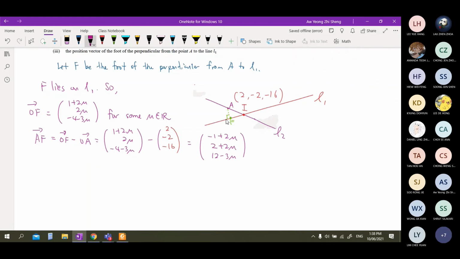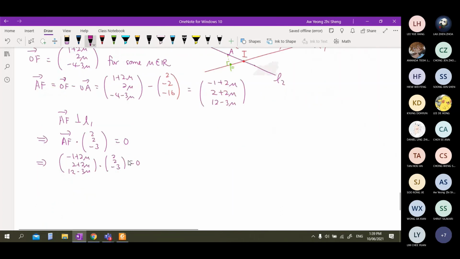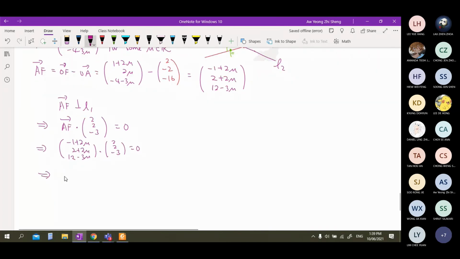Then notice that AF is perpendicular to L1, which means AF dot with the direction vector of L1, which is (2, 2, minus 3), is equal to 0. AF is this thing, dot with (2, 2, minus 3) is equal to 0. Compute your dot product. When you are using dot product, remember to write the dot there. The dot is necessary.